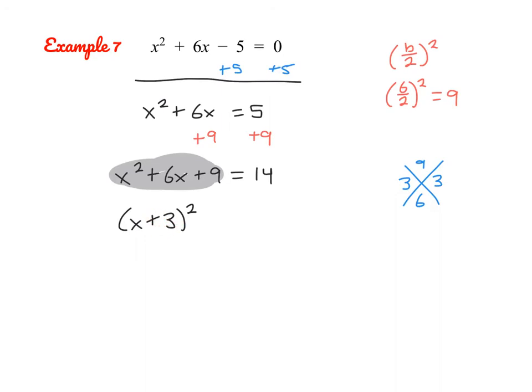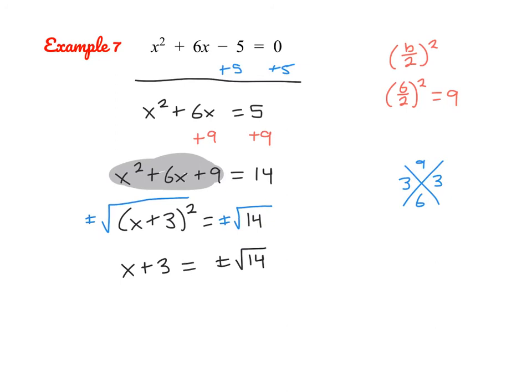You should end up with the same factor twice, and we're going to write it like this: x plus 3 squared equals 14. Now we can get rid of this square by taking the plus or minus square root of both sides. Don't forget that plus or minus sign. That leaves us with x plus 3 equals plus or minus square root of 14.